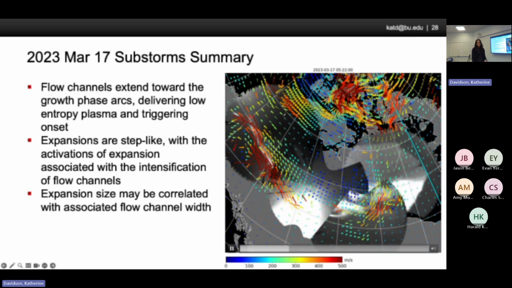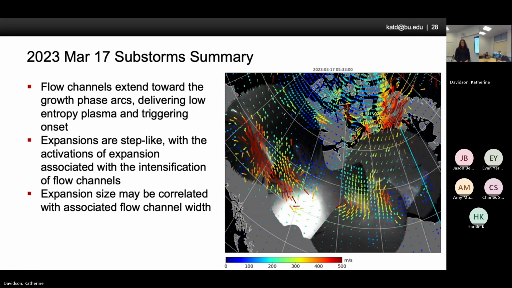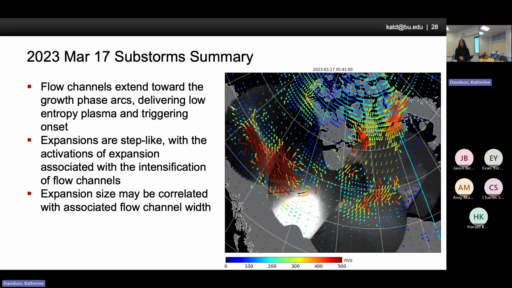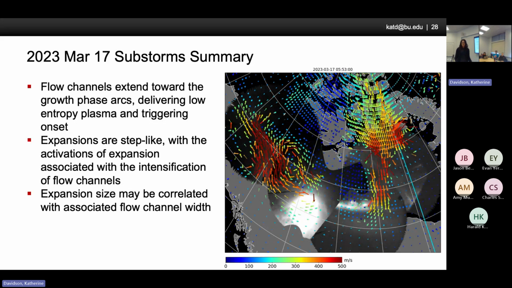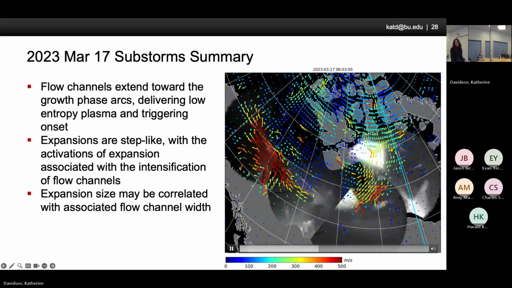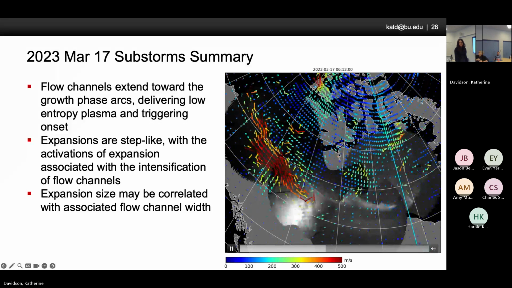And you'll see this first expansion going now. These expansions are step-like with activations of the expansion associated with the intensification of the flow channels. And there's about the end of our first substorm.